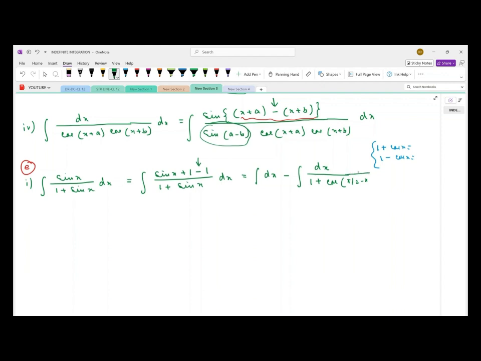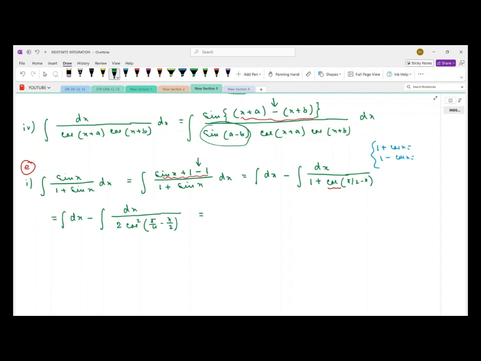That's the only thing. So two main things we have done here. First is this manipulation, and second is instead of sine, I have changed over to cos just to use this trigonometric formula. So now the first part is okay. Integration dx minus, now 1 plus cos x is 2 cos square x by 2, that means pi by 4 minus x by 2.